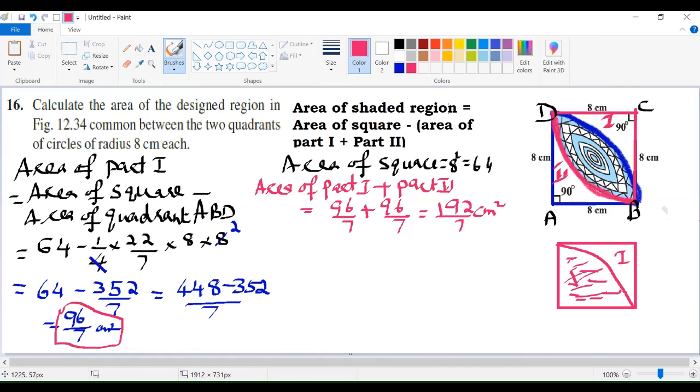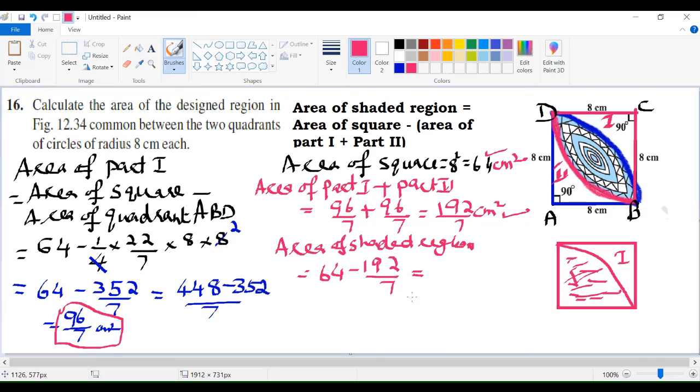Now area of the shaded region equals area of the square minus this. Area of square is 64 centimeter square. So 64 minus 192 by 7.